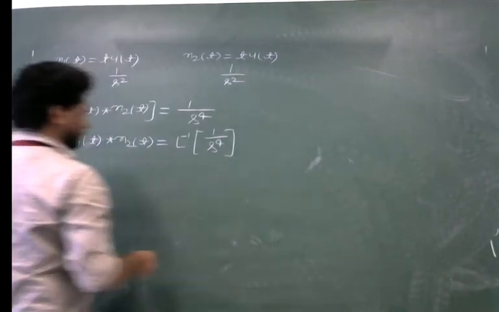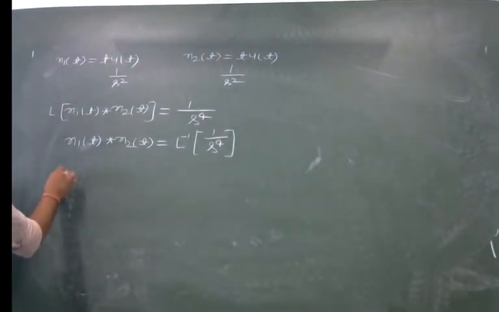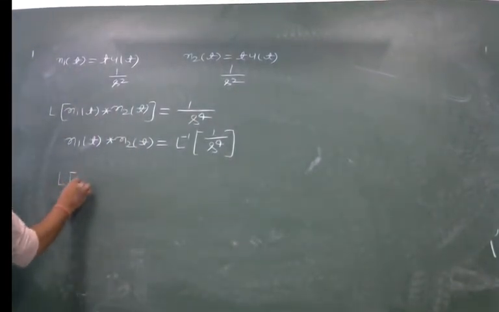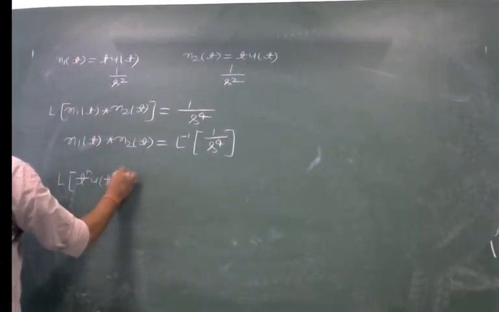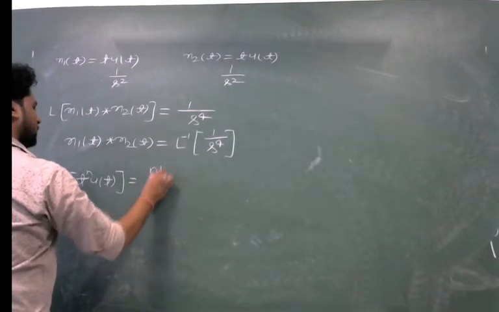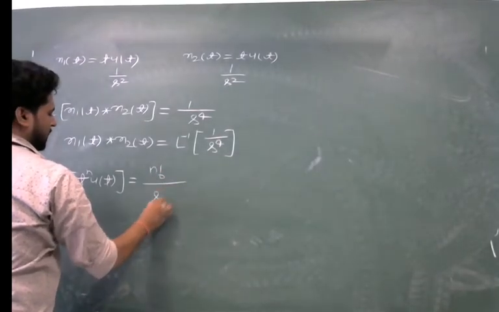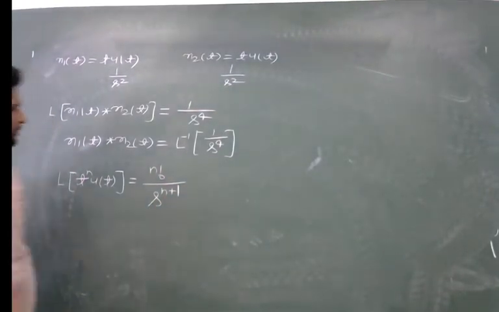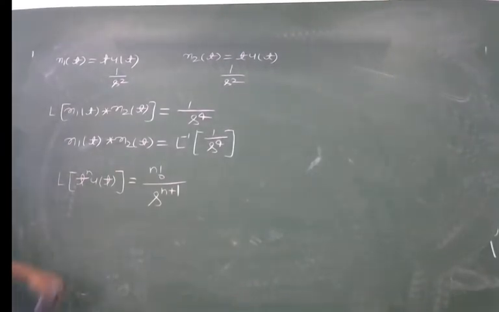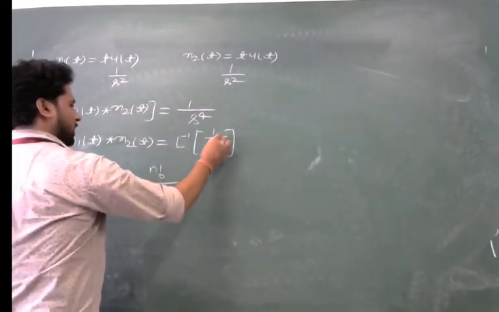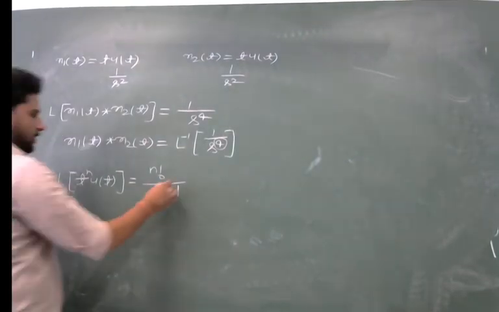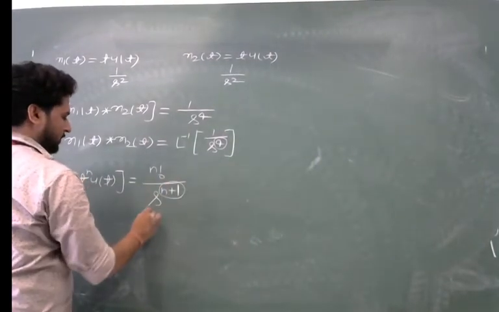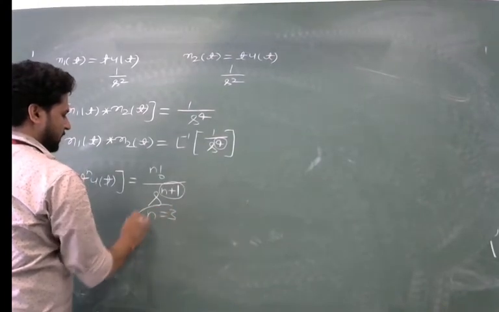Again, compare with this relation that t power n u(t) has the Laplace transform equal to factorial n upon s power n plus 1. So we need s power 4 here. For that purpose, n will be equal to 3.